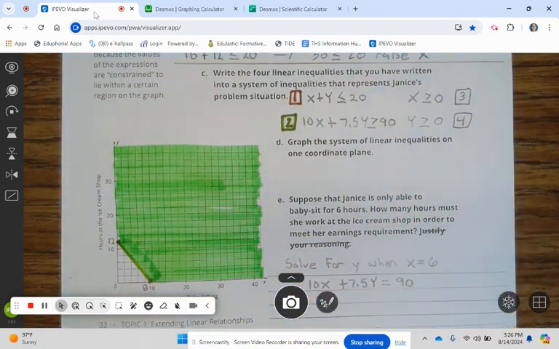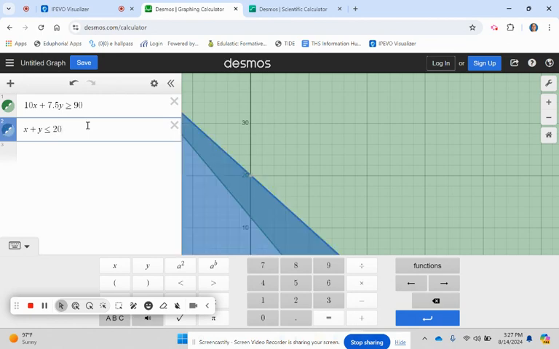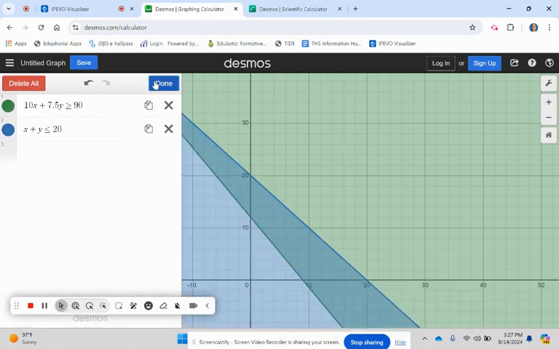Now let's go back up to 1. Let's go ahead and graph 1 in orange. So I'm going to do that. So x plus y, now I'm going to come over here to the wrench, click here, and make that orange.